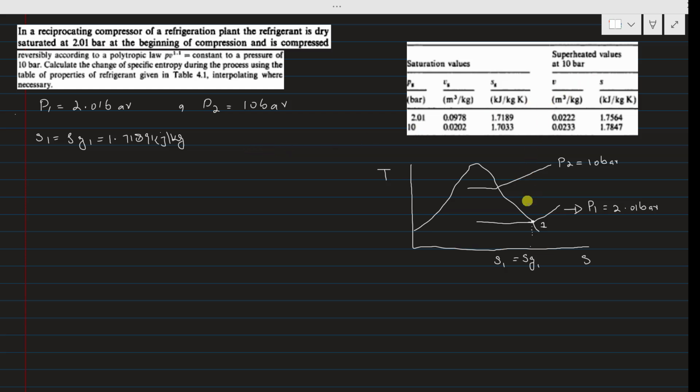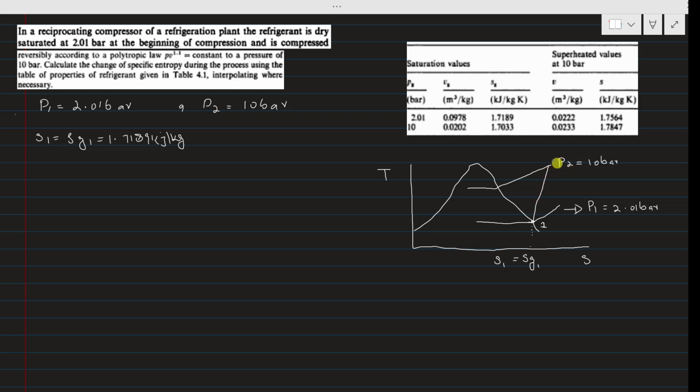Now the state point P2 is obviously in the superheated region. So our state point 2 will be here. Because it is not an isentropic compression, the entropy S1 will not be equal to S2. So there will be a slight increase in entropy.